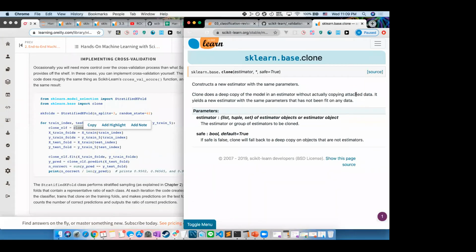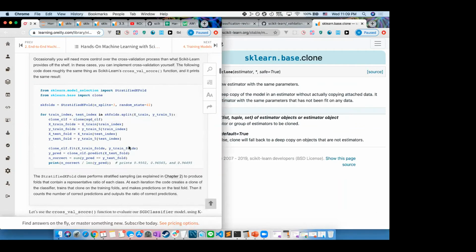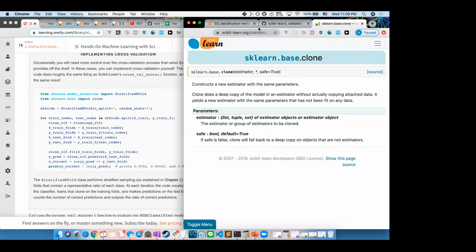Without actually copying attached data, it yields a new estimator with the same parameters that has not been fit on any data. So it would initialize every time. And it says the following code does roughly the same thing as sklearn's cross-val score function, and it prints the same result. So I guess Isaac is correct, and thank you, Isaac.